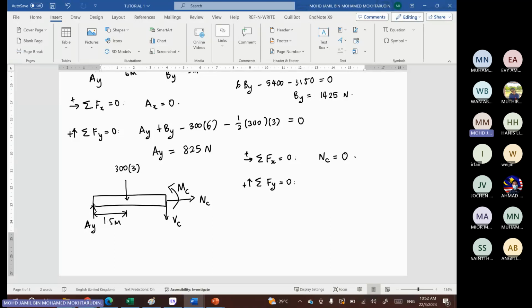So in the Y direction, you have Ay, you have minus 300 times 3 because it's acting downward, and then you have VC also acting downward based on the drawing. So here you can calculate using Ay from previous result. So you get VC equals negative 75 Newton.